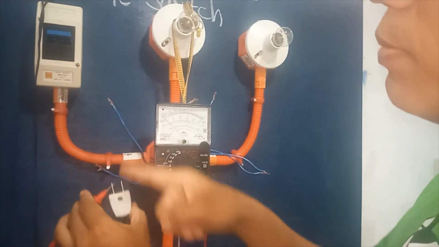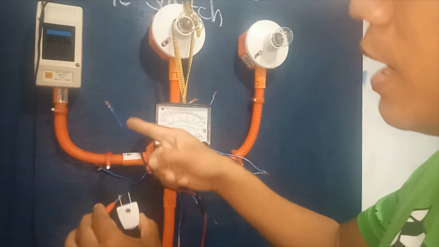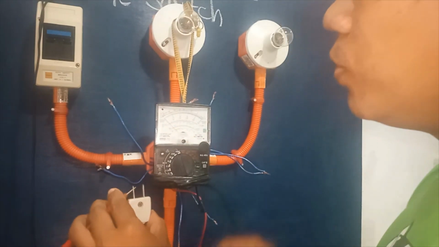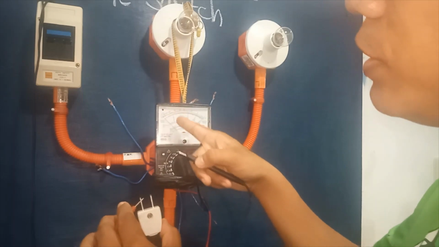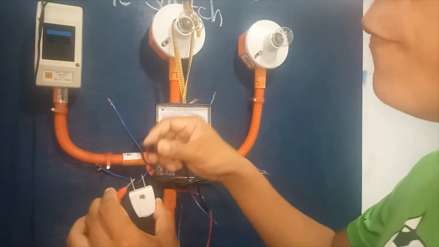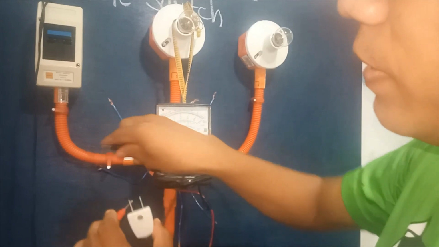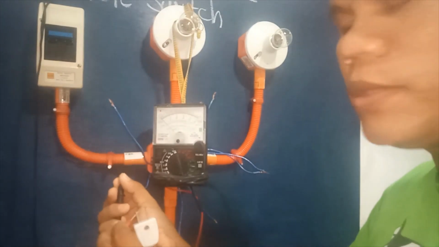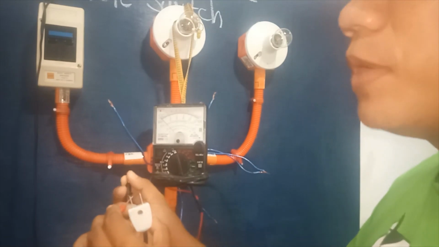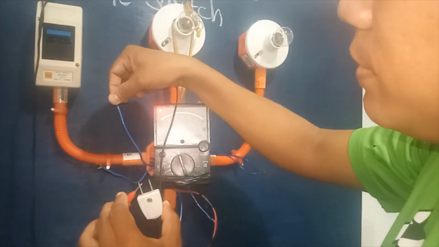Hahanapin natin kung saan ba talaga sa dalawang wire na to ang ating line 1. Once natutunog yung ating tester, iilaw dito, meaning to say, for the continuity, yun yung ating first line or line 1. Okay. Ito guys. Hindi umiilaw, hindi tumutunog, meaning to say, hindi po itong ating line 1. Next, yan.